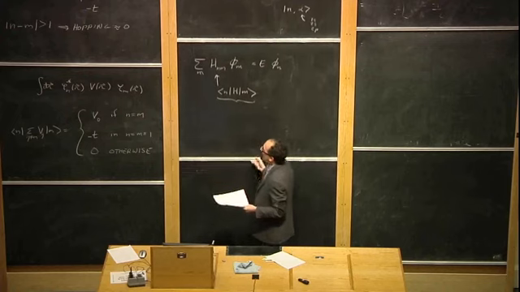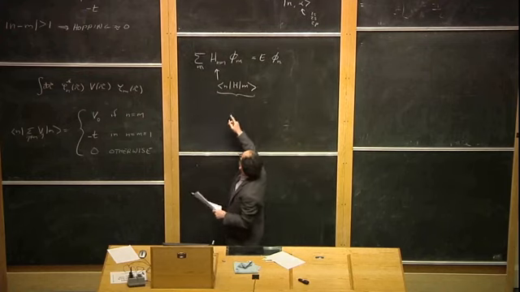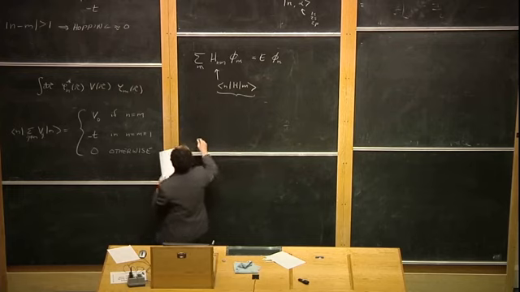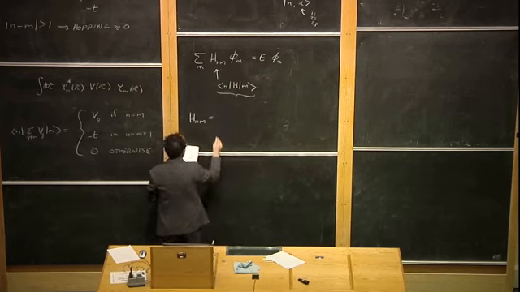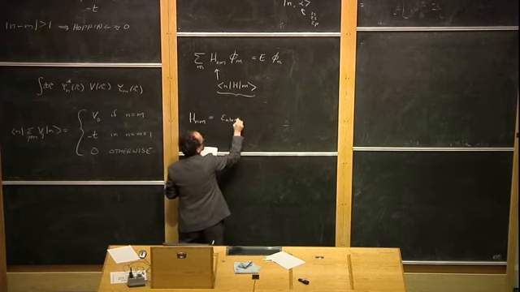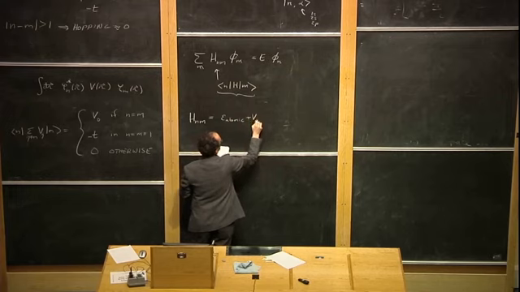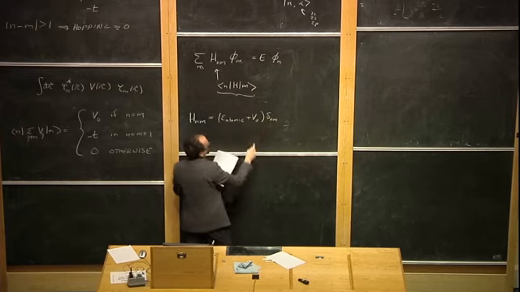Right? So, okay. Good. So we can take our Hamiltonian and rewrite it as a big matrix. H_nm equals, what is it? It's E atomic plus the interaction with all the other nuclei, not including the site itself.